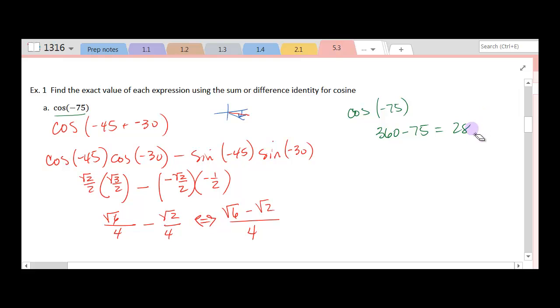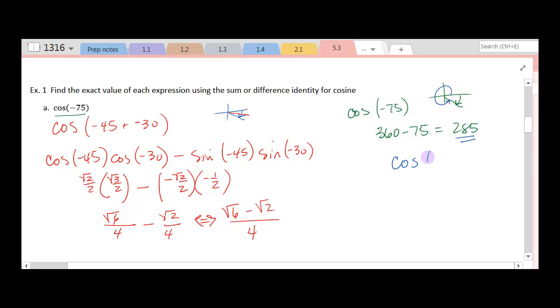In other words, the positive angle equivalent to negative 75 is 285. So I ask myself, what angles do I know that add together to give me 285 in the positive direction?